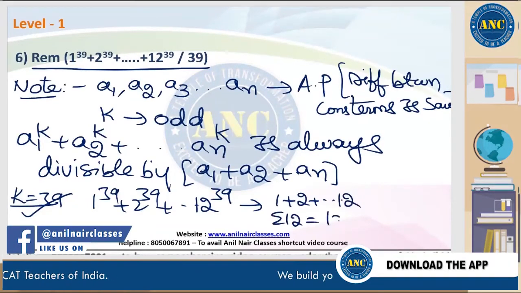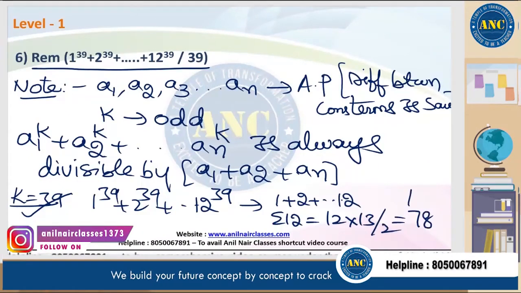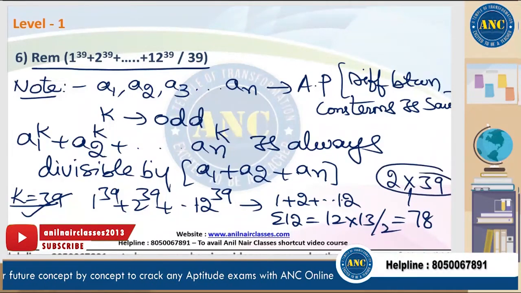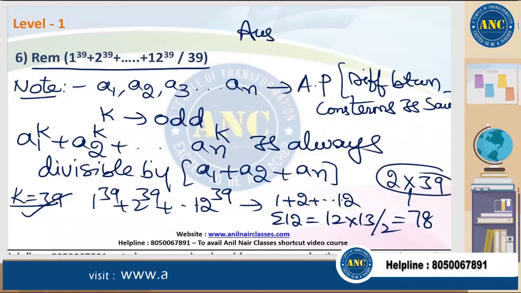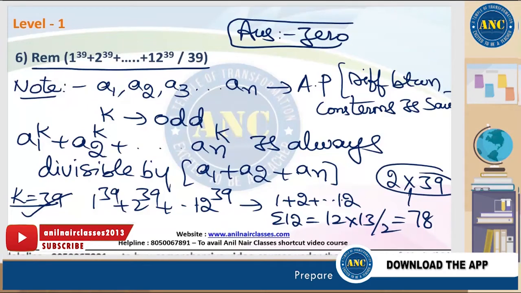The summation is 12 into 13 by 2, which is 78. Any number divisible by 78 is also divisible by 2 and 39, so the answer is 0. Extremely important property, please make a note of it.